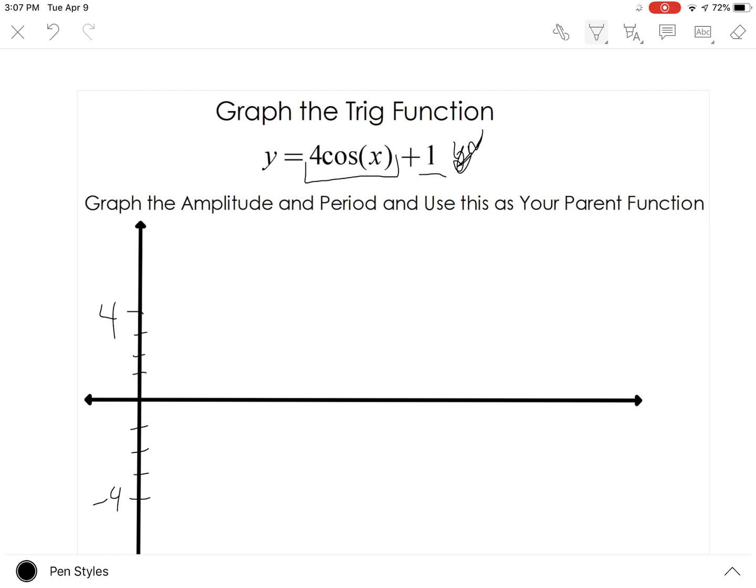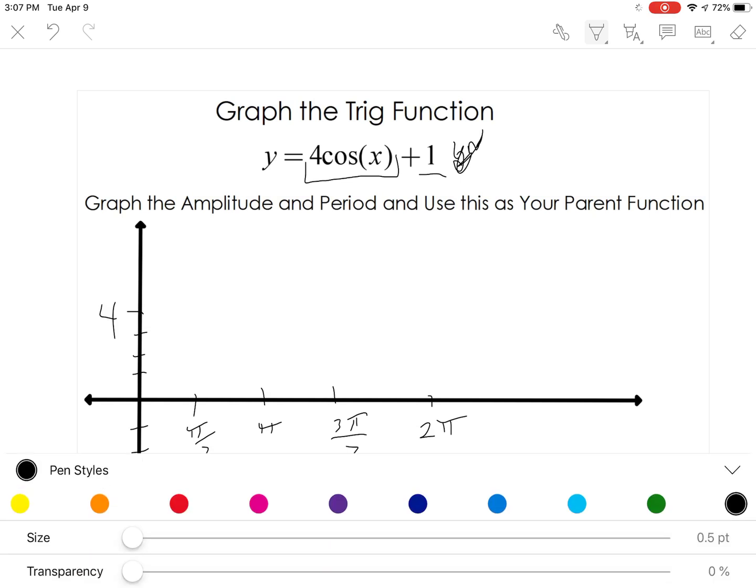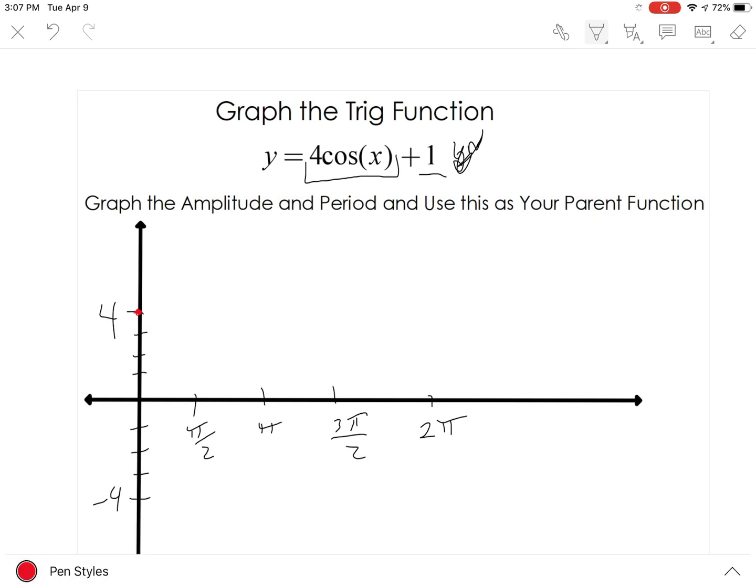My period's going to be 2 pi, so pi over 2, pi, 3 pi over 2, and 2 pi. Okay, so here's what cosine would look like right away. Maybe I can change colors here. So let's go with 1, which is 4 because they multiply by 4. Again, those are taking the x values in the unit circle and just multiplying them all by 4.